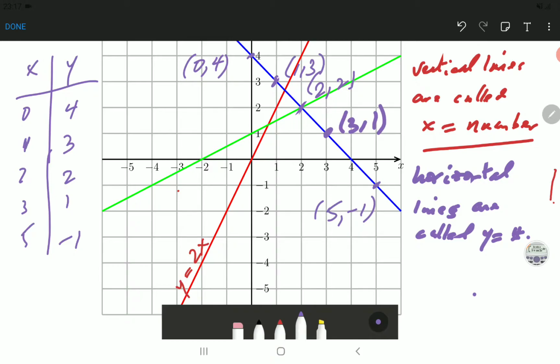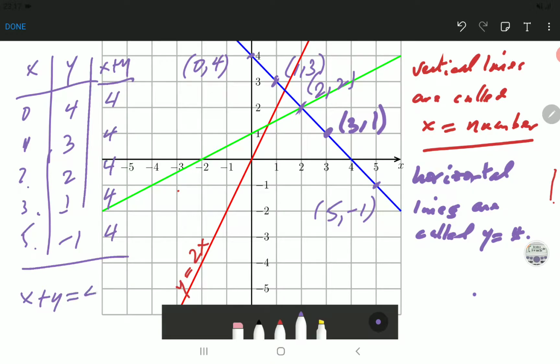For this particular line, notice what happens when we add x to y. 0 plus 4 is 4, 1 plus 3 is 4, 2 plus 2 is 4, 3 plus 1 is 4, 5 minus 1 is 4. So it looks like for this blue line, x plus y is always equal to 4. And so that is going to be its equation.